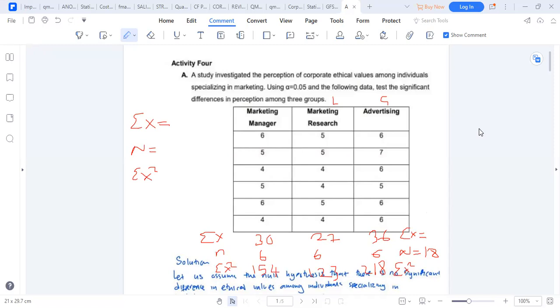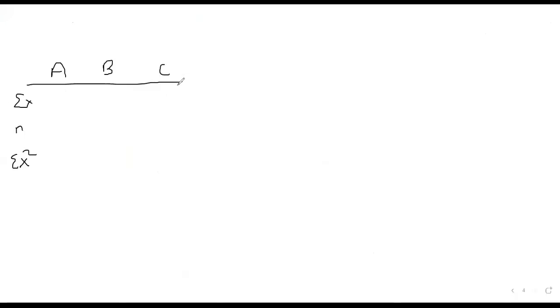30 plus 27 plus 36, 93. I don't know how you're taking long to do the straightforward things. 154 plus, summation of x squared is 495. 18. 495. So the summary of what we have there. This is 495.